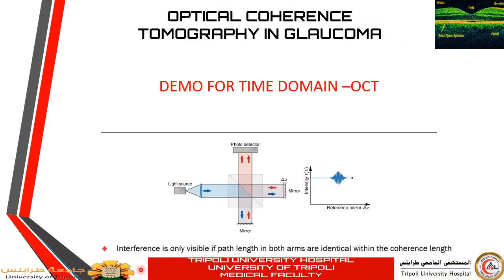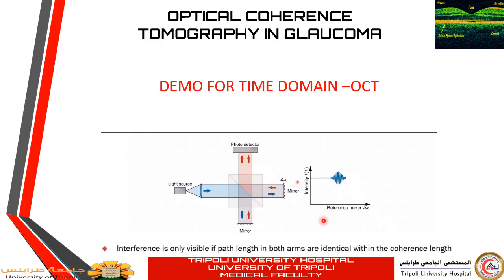Again, this is a demonstration of the time domain OCT. Simply, it shows the light source. This is the coherent light source that emits light to the mirror. This is a moving mirror that reflects the rays to the eye, and this is another arm, the reference arm.